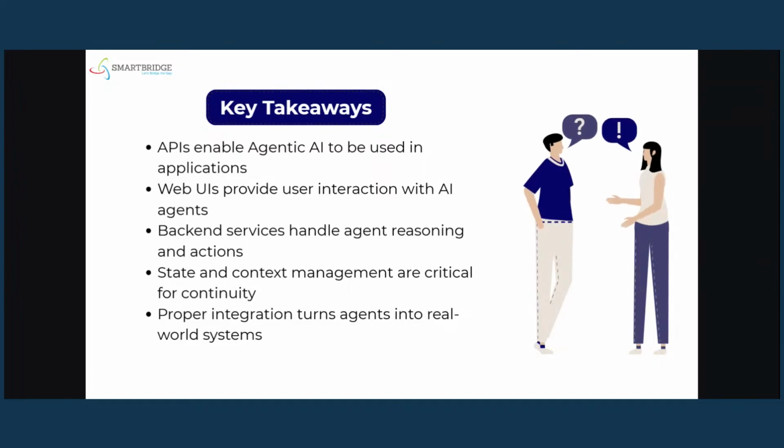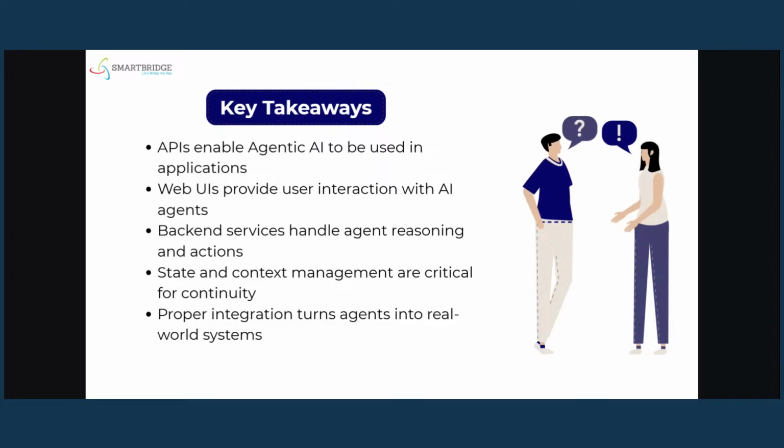Every part we discussed plays an important role in making that happen. APIs connect agents to applications, backends give agents the ability to act, and state and context help the agents behave consistently over time.